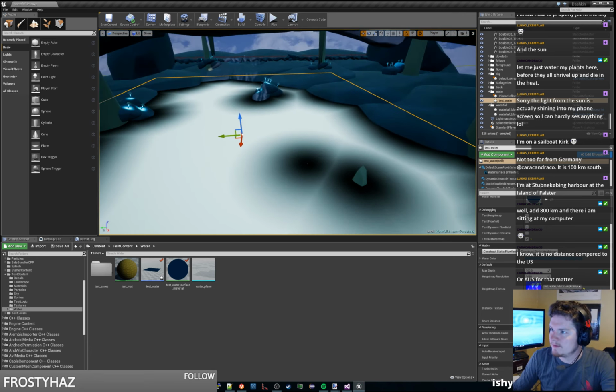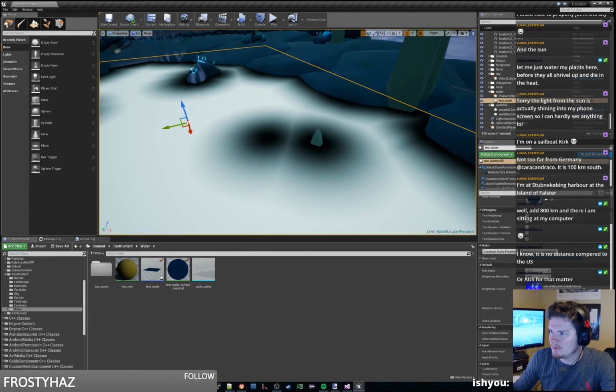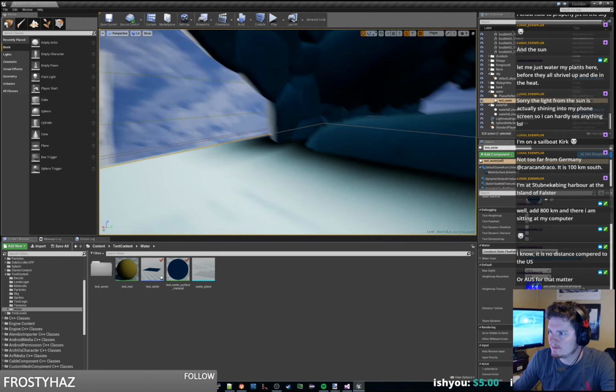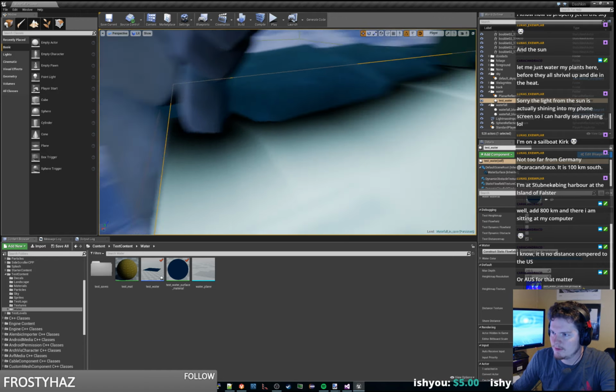Doesn't that look better? Doesn't that look like a smoother transition between shore and not shore? One might think that's true.